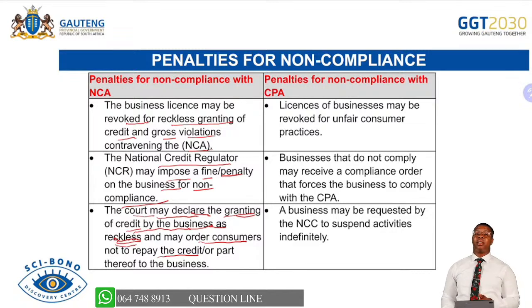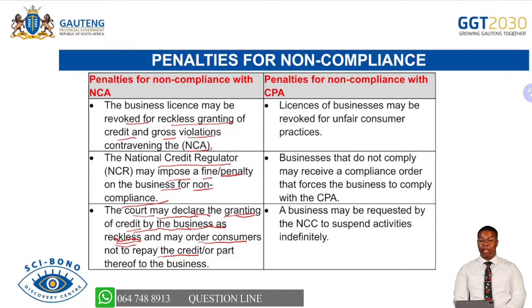So because the business gave credit to a consumer that didn't qualify, the court may say this consumer should not pay this credit, because the business didn't follow the correct procedures before they granted credit.